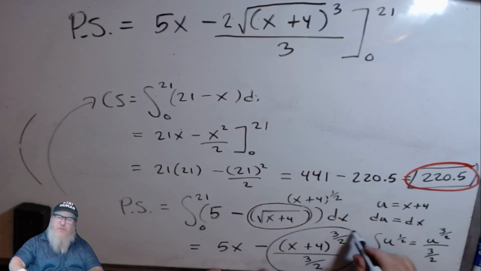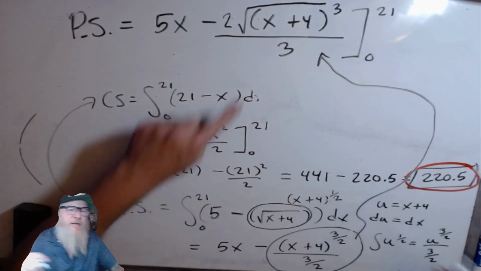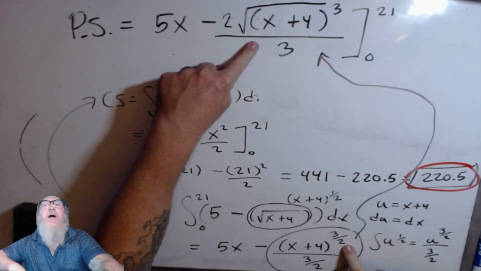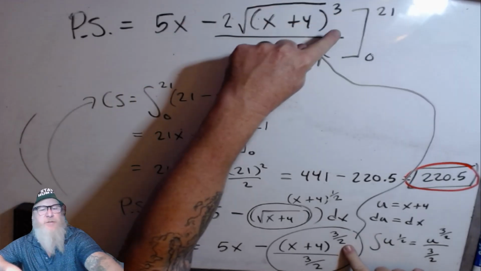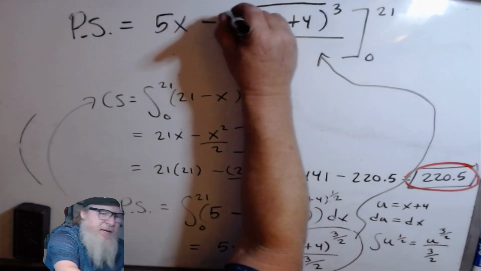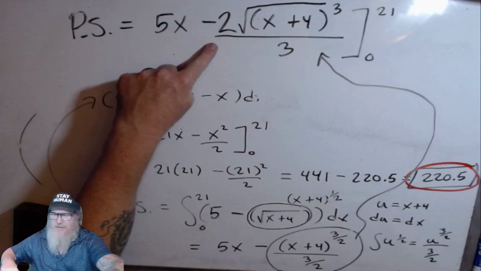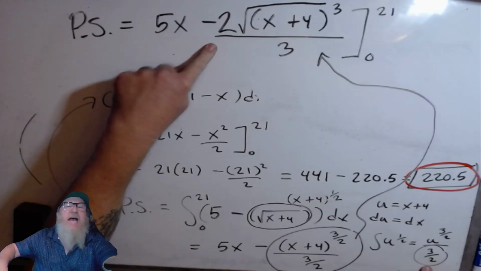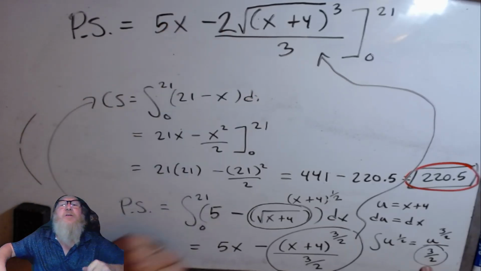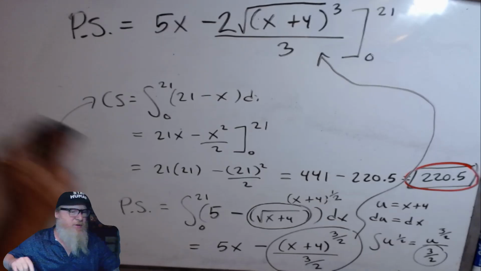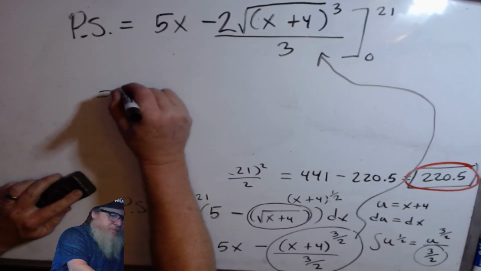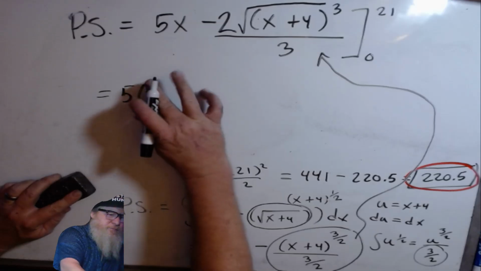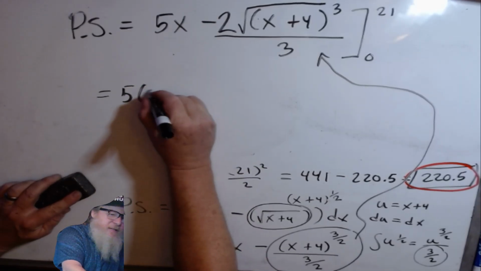This is the fancy way of rewriting the 3/2 power. I'm writing it as a square root cubed. Oh, and there's a big 2 there from this denominator. 3/2 gets flipped, becomes 2/3. And now I'm going to plug in 21, and I'm also going to plug in 0.